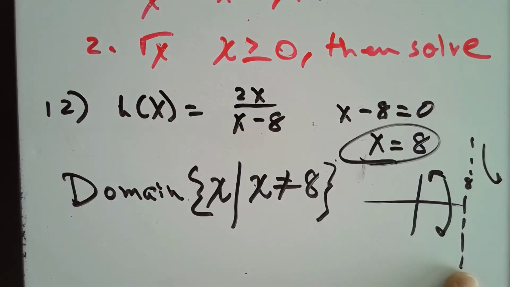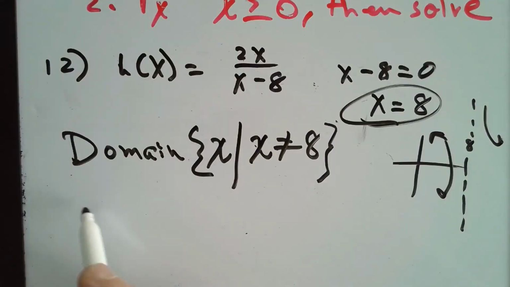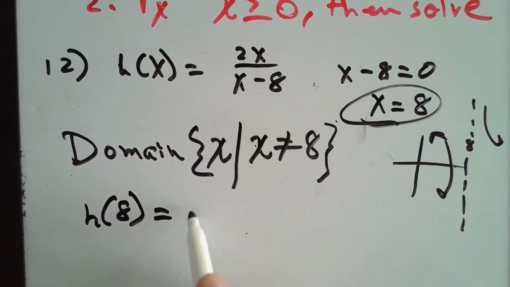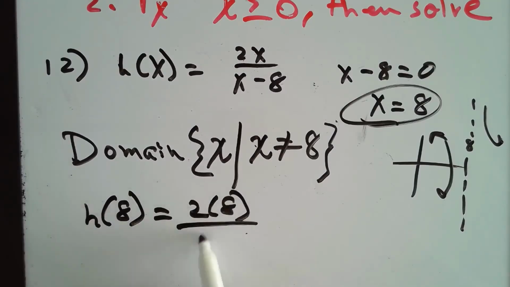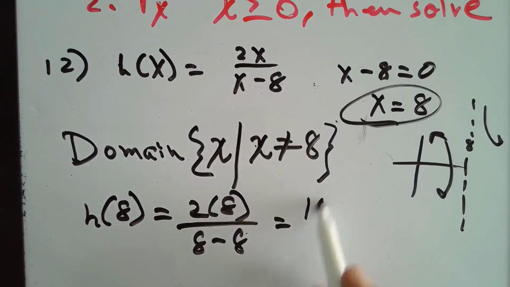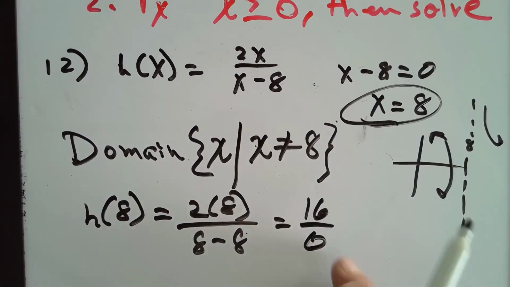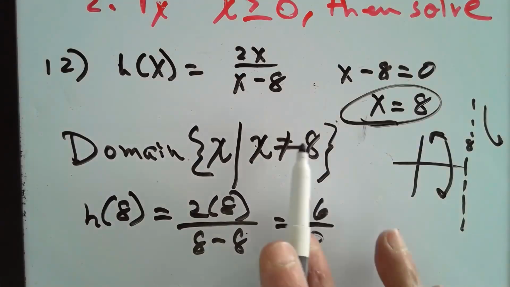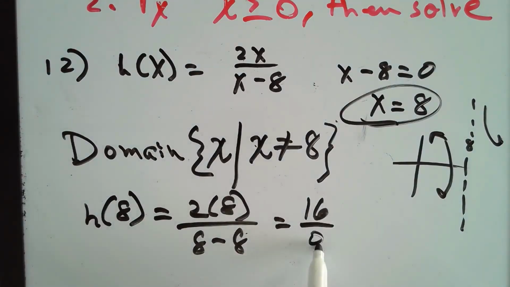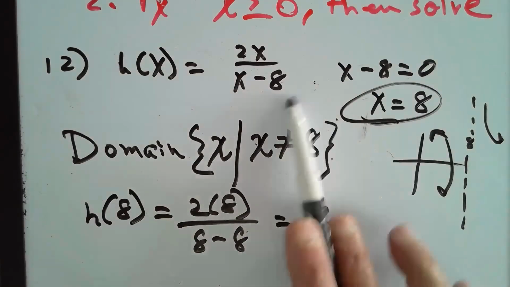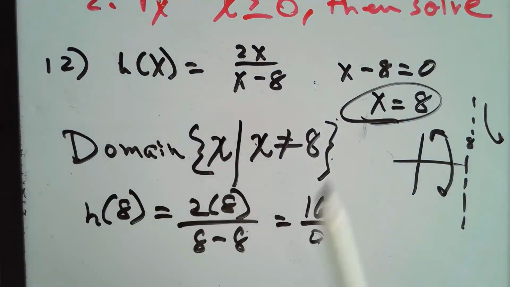If we substitute 8 in, we get 2 times 8 over 8 minus 8, which is 16 over 0. It's undefined. That's why it's not all real numbers, because we get undefined wherever the denominator is 0. Questions with that?